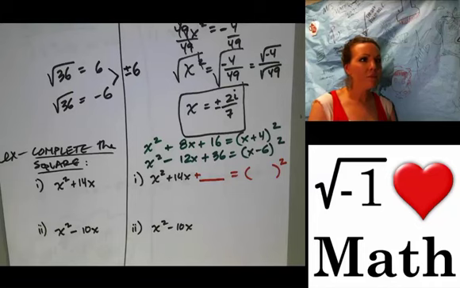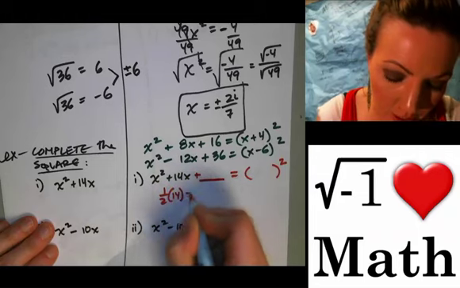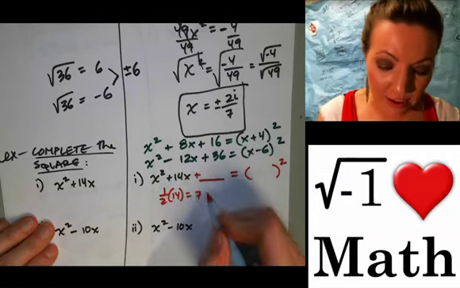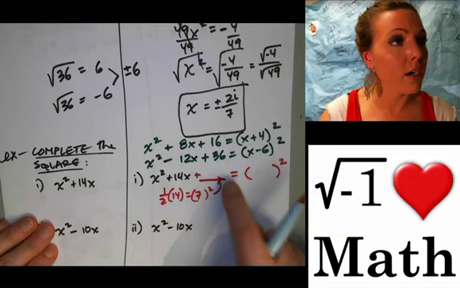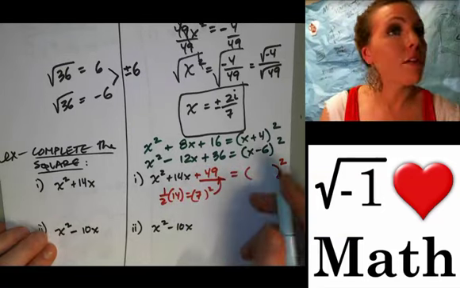Samantha? 7. Okay, so good. Half of 14 is 7, right? And we actually want to take that 7 and square it to get what goes here. 49. Good, excellent. Everybody give it up for Samantha.